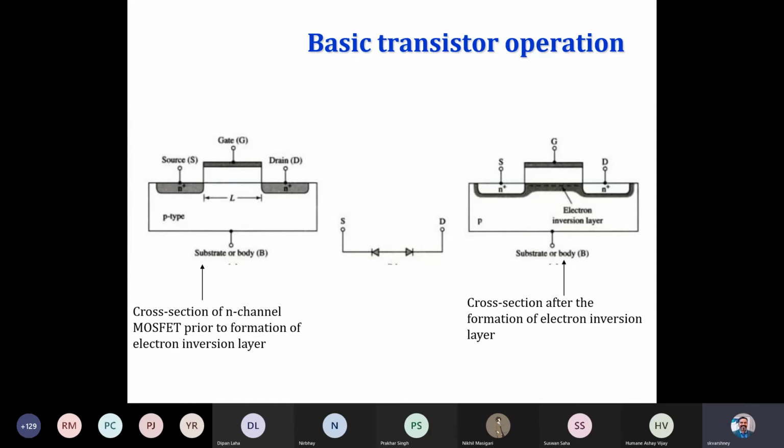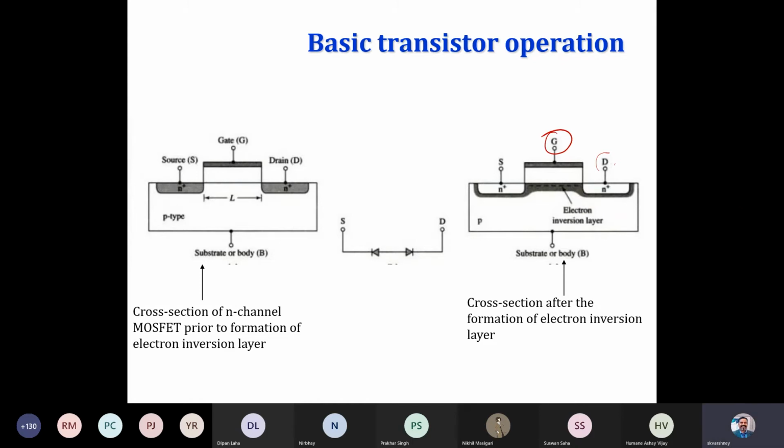If you apply a voltage less than the threshold voltage, you won't see any current flow through the device, even though you apply a voltage at the drain terminal, because the space charge region has to be created and a channel has to be formed. So this is quite important.